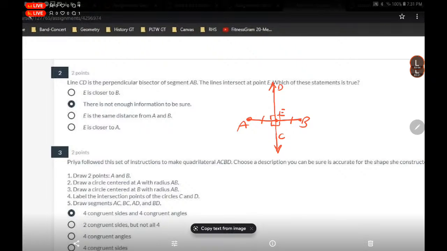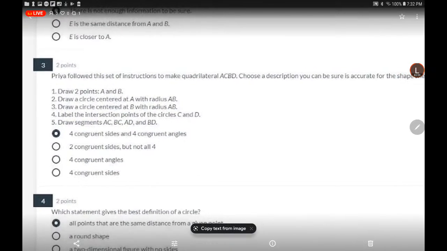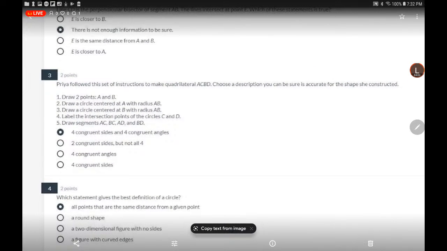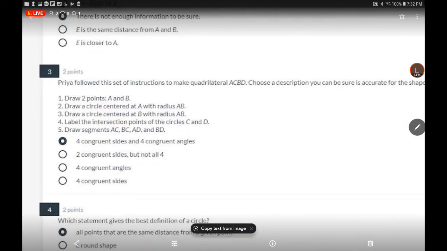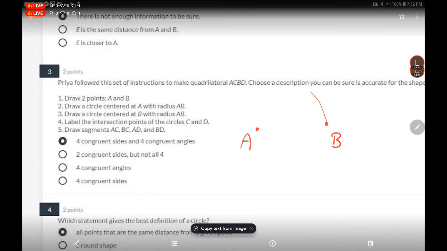So let's see, number 3. Quadrilateral ABCD. Let's do this. Draw 2 points, A and B. Draw a circle centered at A with radius AB. Yeah, that's more like an egg-shaped circle.